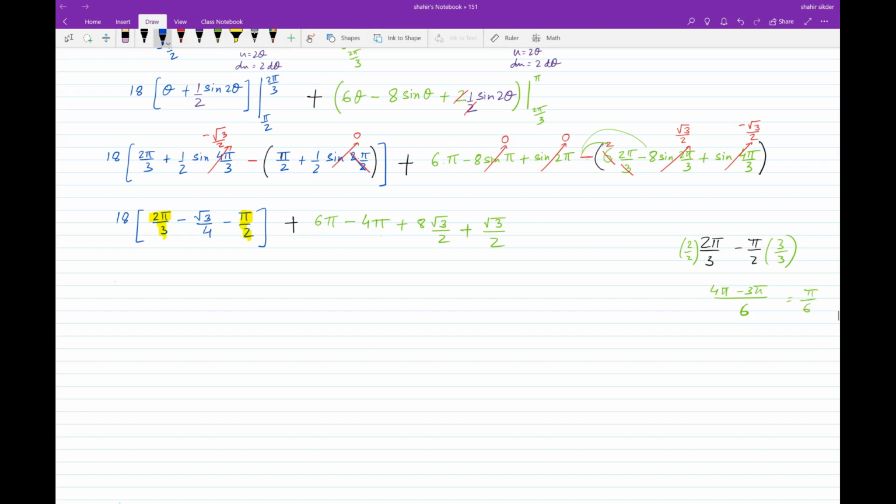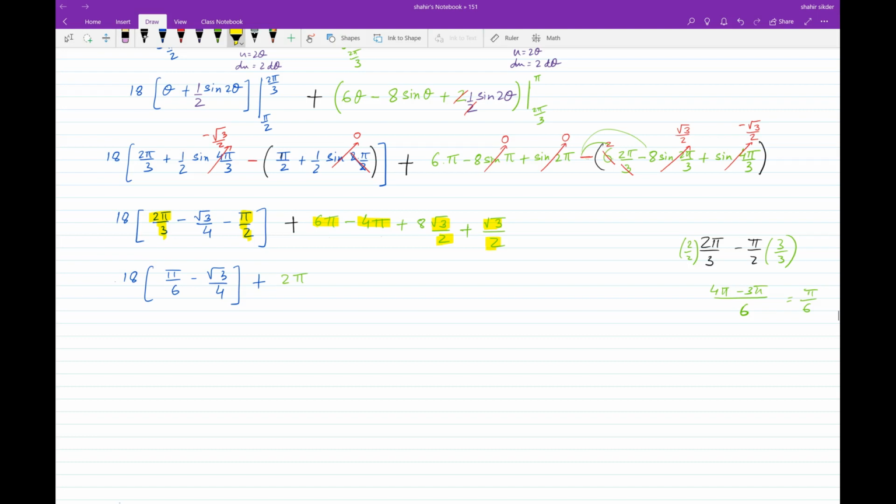So you would have 18 times pi sixth minus root 3 over 4 plus, these are my like terms here, 6 pi minus 4 pi, which is 2 pi. And if you notice, these are my like terms here, root 3.